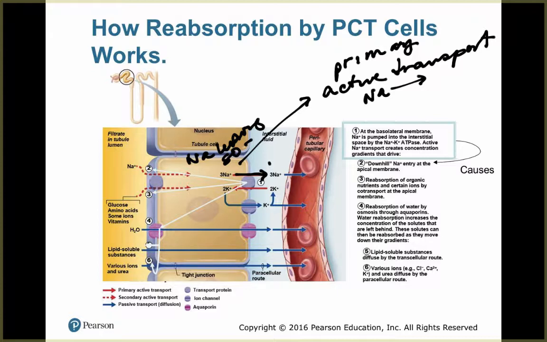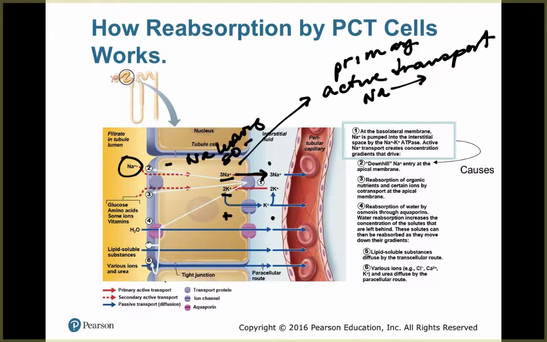Because not only, if you notice, are we losing sodium, we're losing potassium. That's a bunch of positives here, right? But essentially, because sodium is leaving, it's making the inside of our cell more negative. So it's going to push sodium from this side to go into the cell to help balance out the charge between the two.